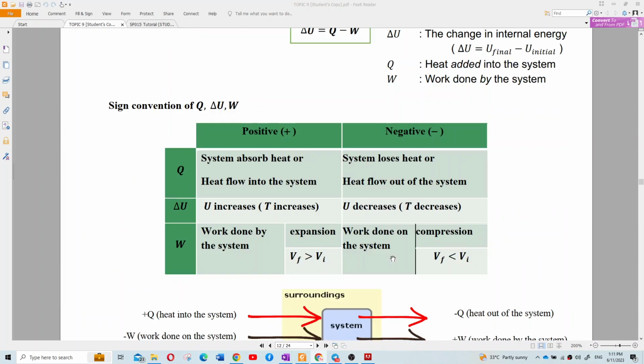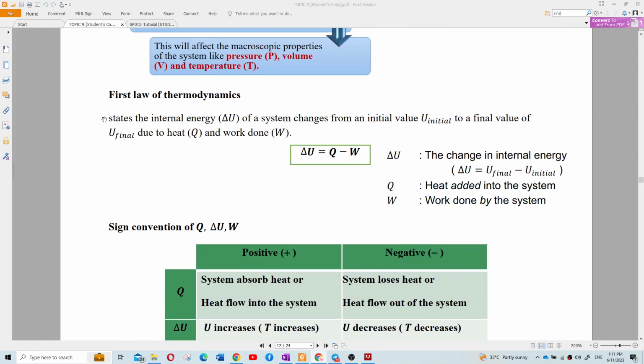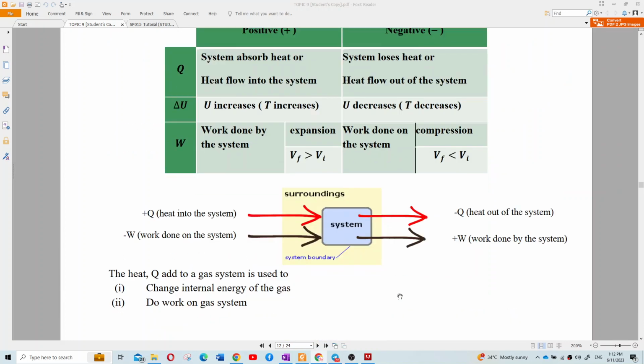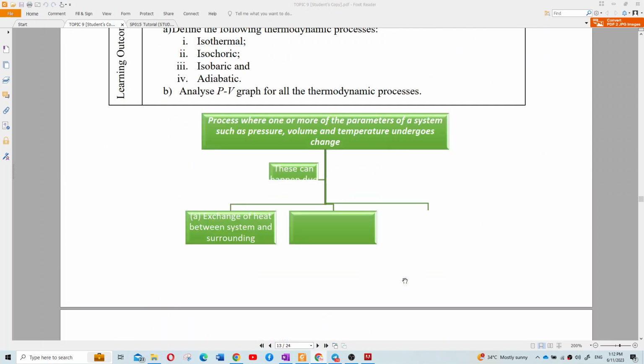The work done of the first law of thermodynamics, the work done over here. Work done can be positive or negative. Remember, positive work done means when the gas expands. Negative work done is when the gas is being compressed.